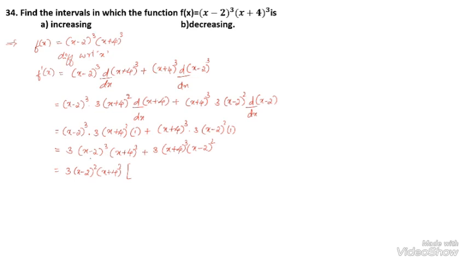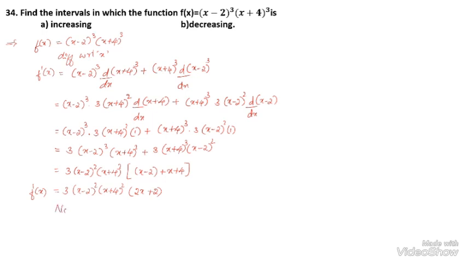In that, there is another x minus 2, plus here x plus 4. So f dash of x is equal to 3 into x minus 2 whole square x plus 4 whole square into x minus 2 plus x, that is 2x, and minus 2 plus 4 becomes plus 2.